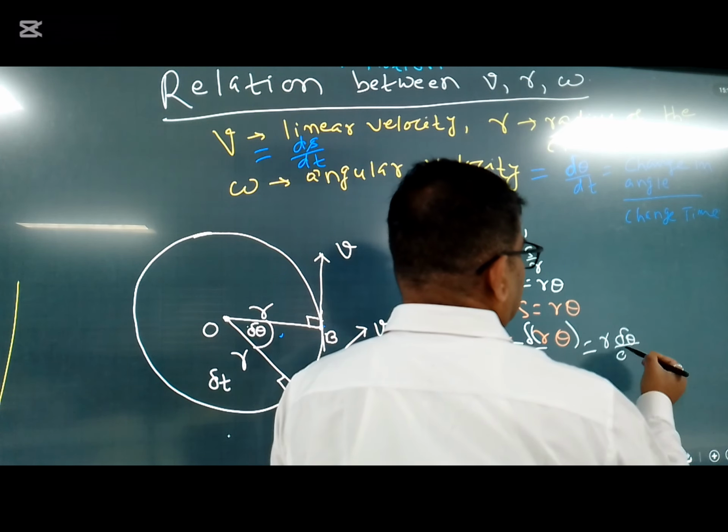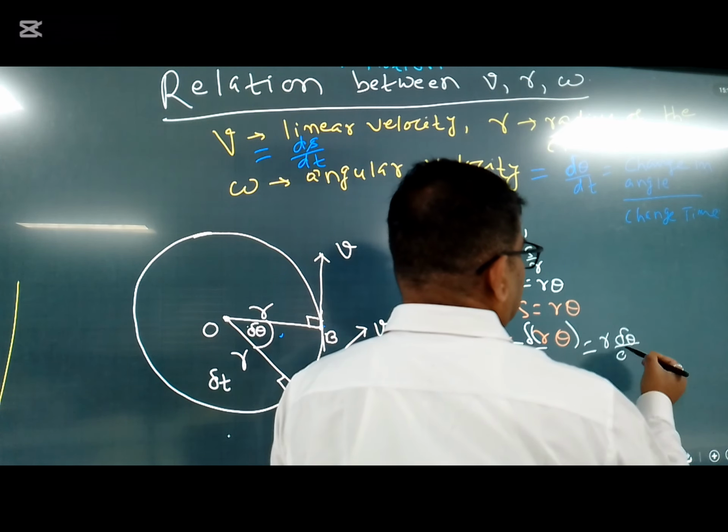So by the definition of calculus, the first principle, you can write ds by dt equals R d theta by dt. Is it okay? Now we have ds by dt.